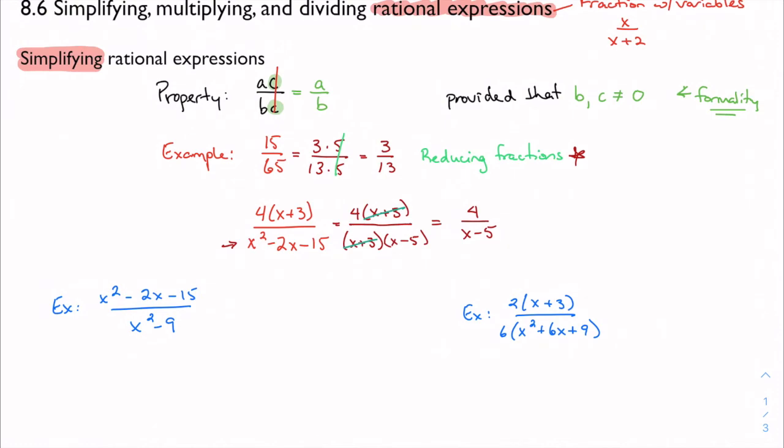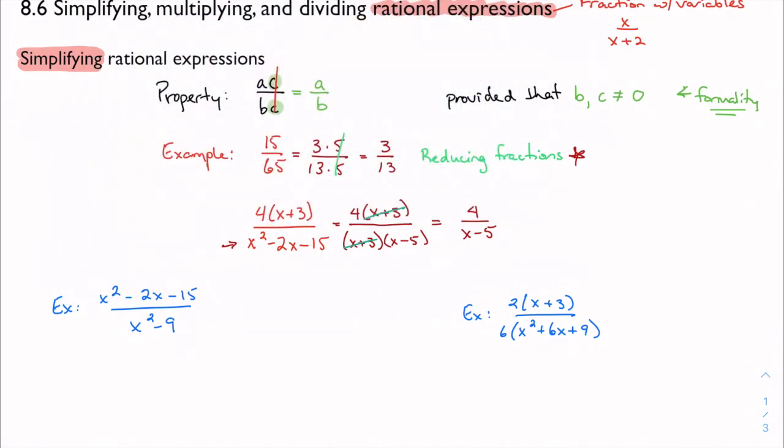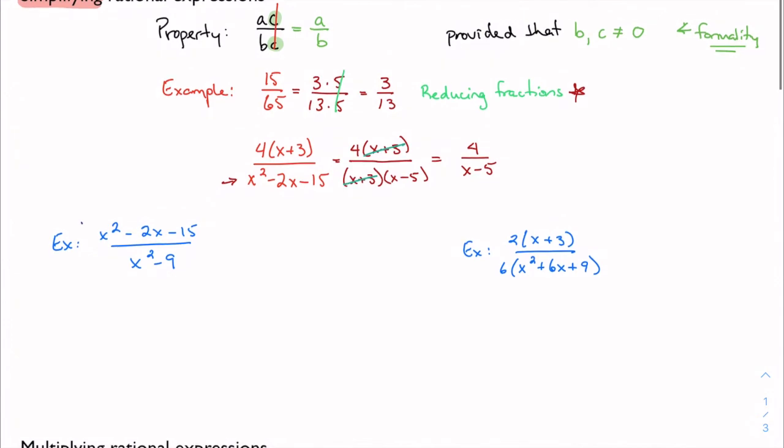Let's see this in action a couple more times. If I look on the right here, x squared minus 2x minus 15 over x squared minus 9. Well, now I've got two quadratics that I need to work with, and we've learned that the first one factors into x plus 3, x minus 5. We just did that. And my thought process is, if I'm looking at what I have here in the denominator, can I factor x squared minus 9 into something that would allow me to cancel out a common factor?